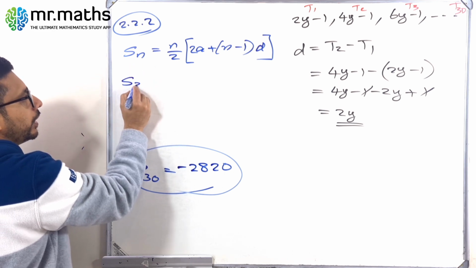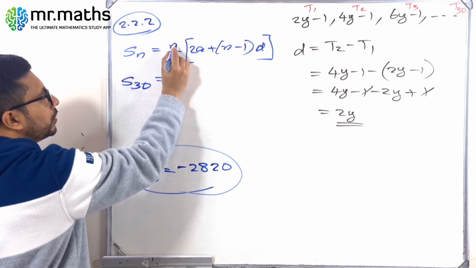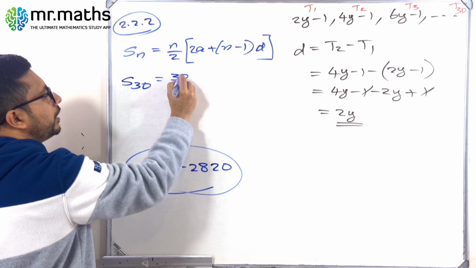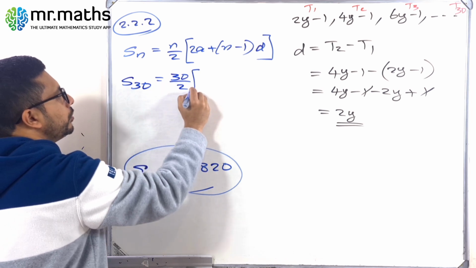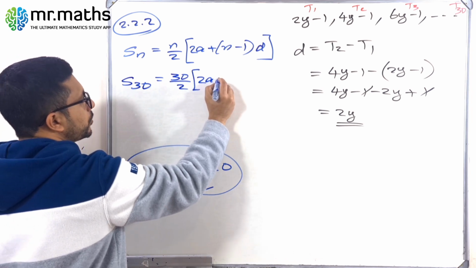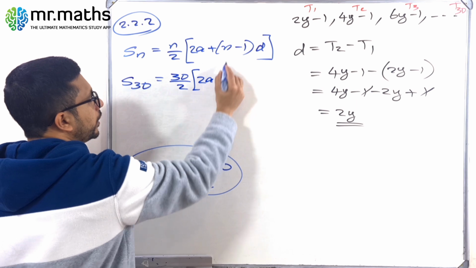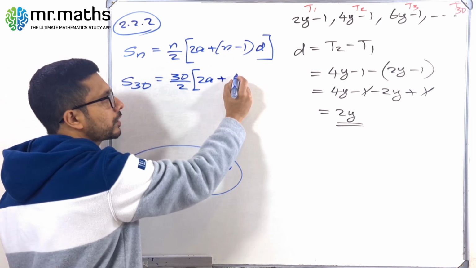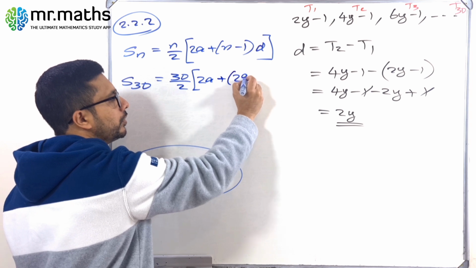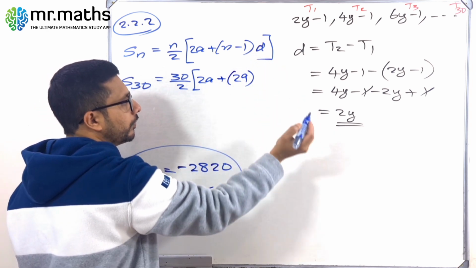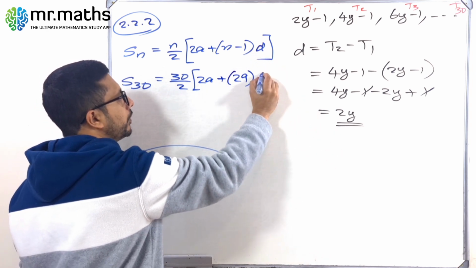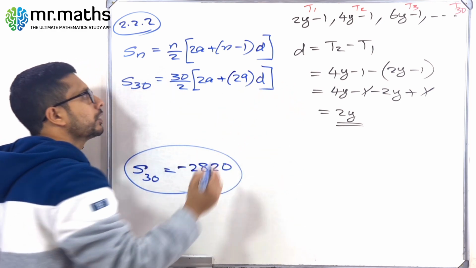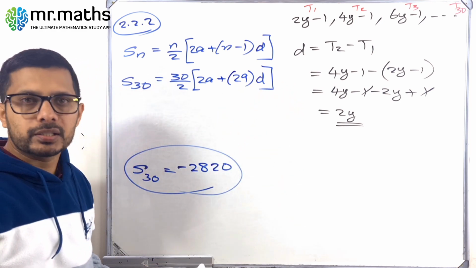So S30 is equal to 30 divided by 2 into 2a, we can substitute a and d later. 30 minus 1 is 29, 29 times d, we can substitute that together. I just substituted the value of n as 30, that's all.